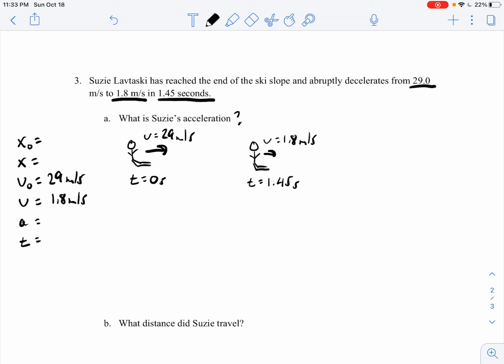In this problem, we're trying to figure out what our acceleration is. And we know it takes us 1.45 seconds to do this. So again, looking at our kinematic equations here, we know initial velocity, final velocity, time, and our acceleration is what's missing. So right now, nothing's been stated about our initial position or final position.